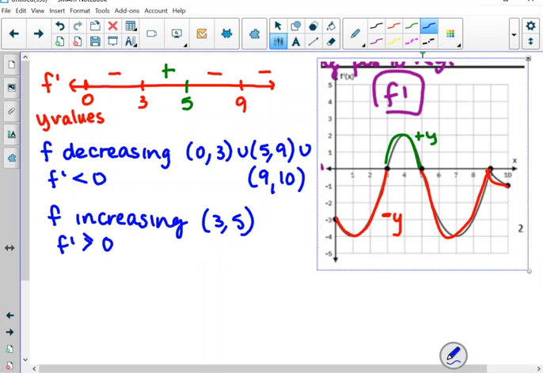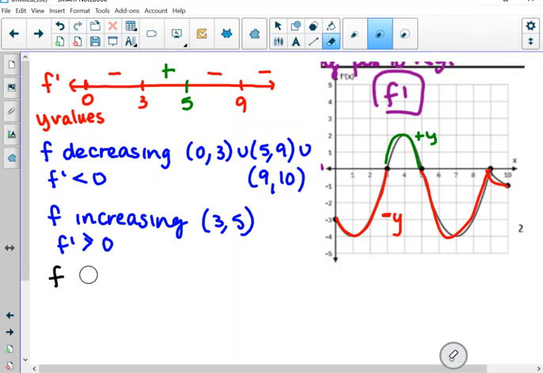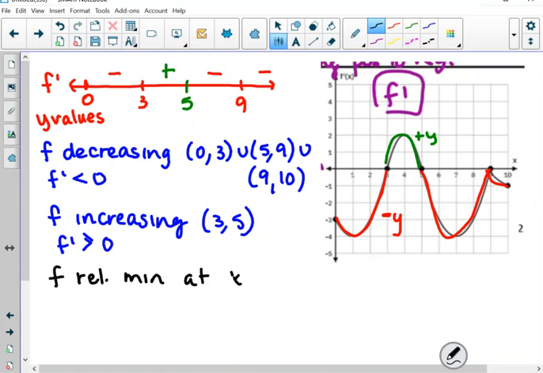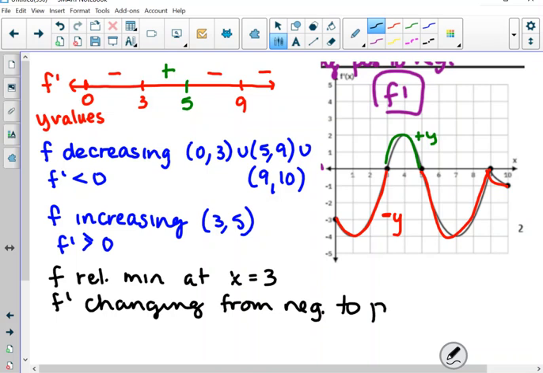F has a relative minimum at x equals 3, F prime changing from a negative value to a positive value.